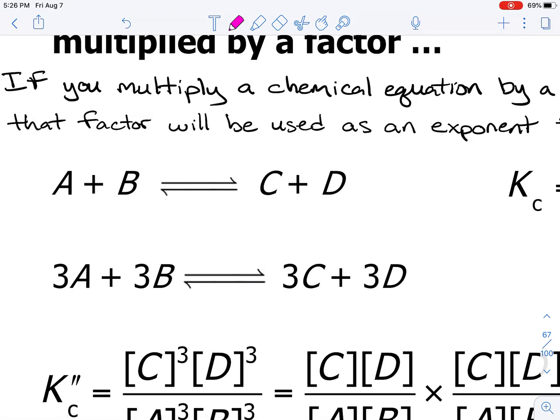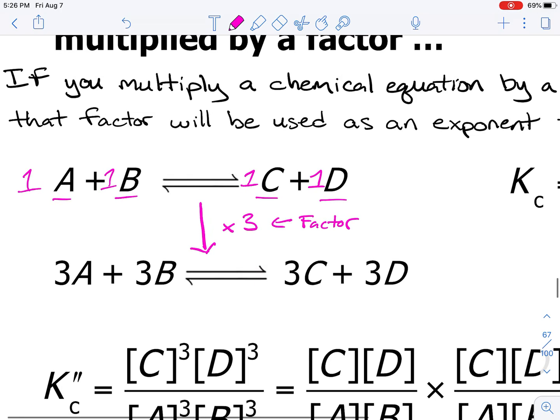So let's just say that we have A plus B producing C and D, and the ratio is 1, 1, 1, 1. And so let's just say that we want to multiply everything by a factor of 3. So this is going to be the factor that we're going to be using to multiply the coefficients in this entire chemical equation. And so what we get, the result, is 3A, 3B, 3C, 3D.